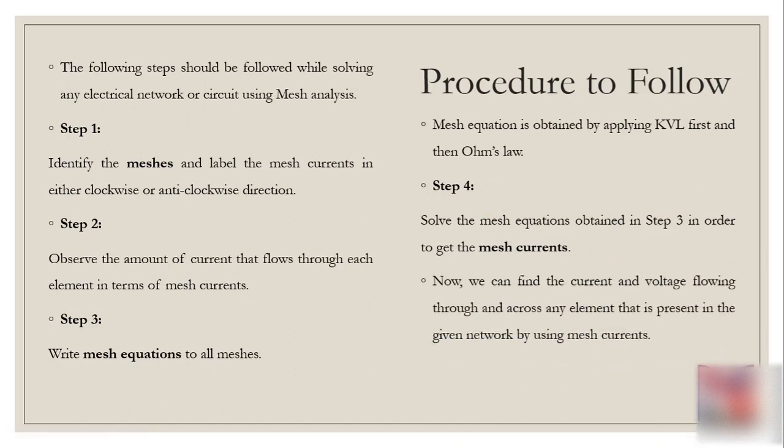Now we can find the current and voltages flowing through or across any element present in the given network by using mesh currents. As I already mentioned, an element is either a resistor or any other component connected in the circuit.